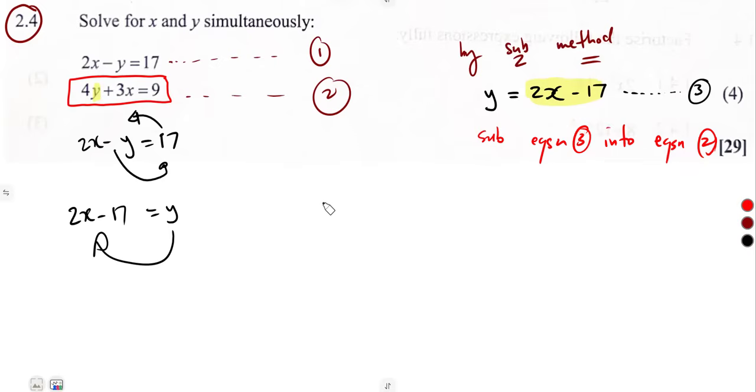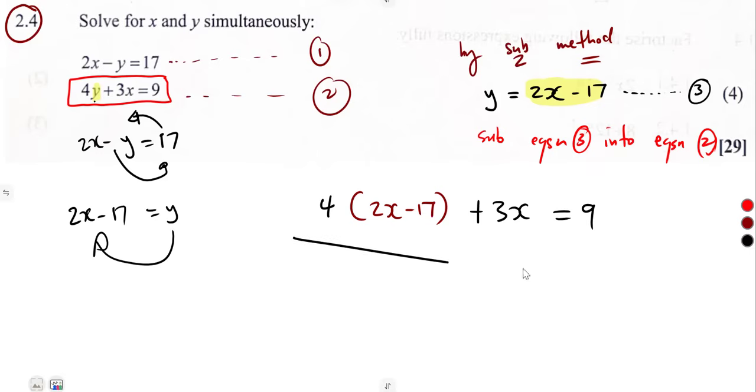So this is what it means for y. It's going to be y is what? 2x minus 17. You must substitute that. Plus 3x. This one is not affected. Is equal to 9. Is not affected. So as we can see, we are just left with x only. It allows us now to solve for what?